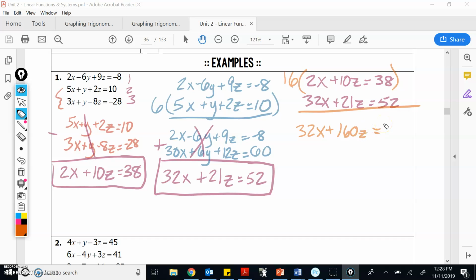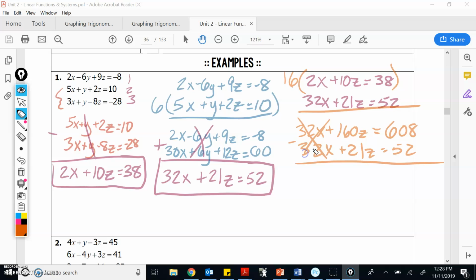And then 38 times 16 gives us 608. It's okay if we have big numbers right now. They will simplify in the end. In order now to cancel out the x's, we're going to subtract.